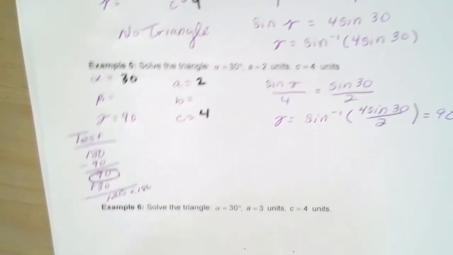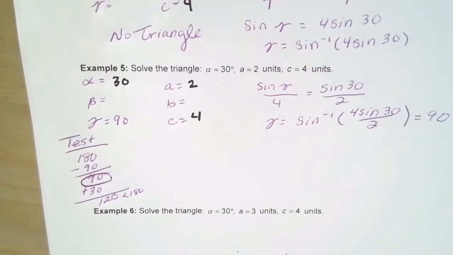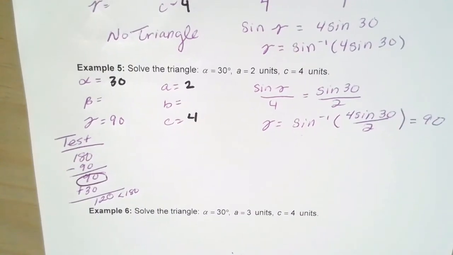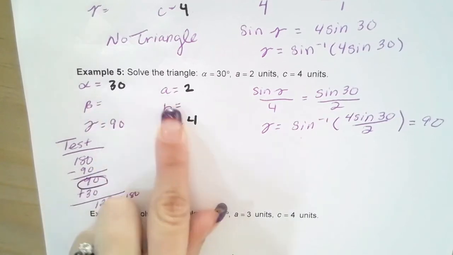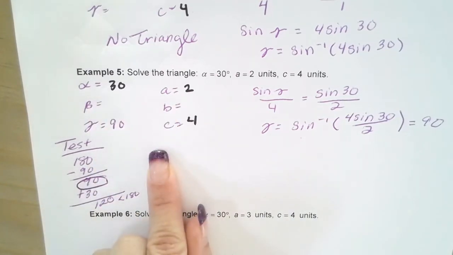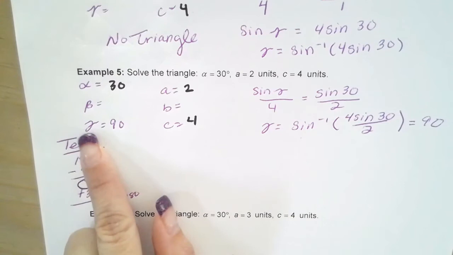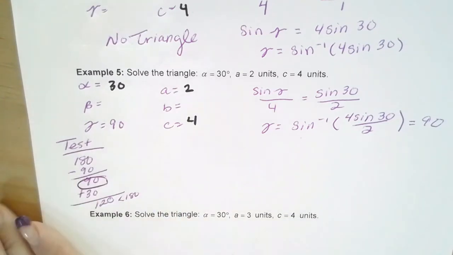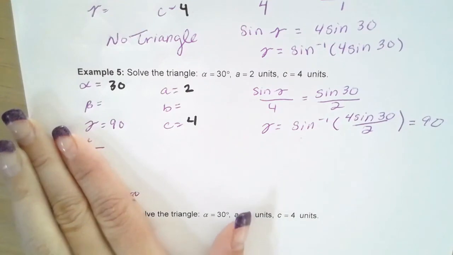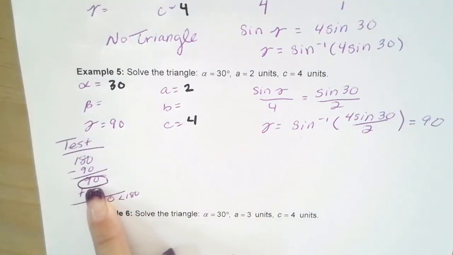This actually makes sense that really there's not 2 triangles because we can only have one particular right triangle given 3 pieces of information. So when your angle is solved and you get 90, you don't even have to do the test because the test says 2 triangles, but it's going to give you the same exact triangle.